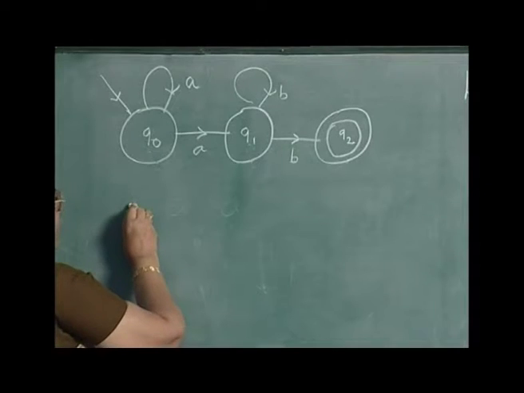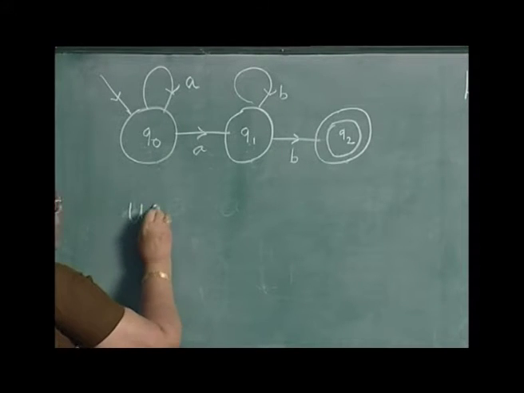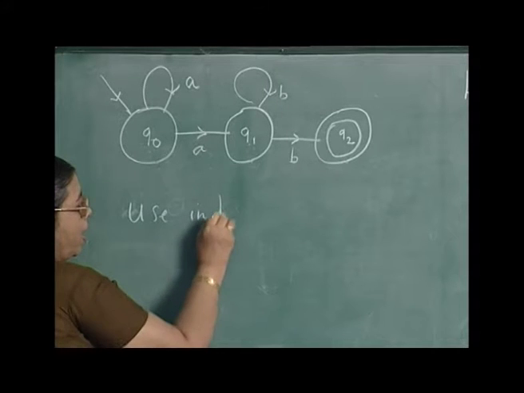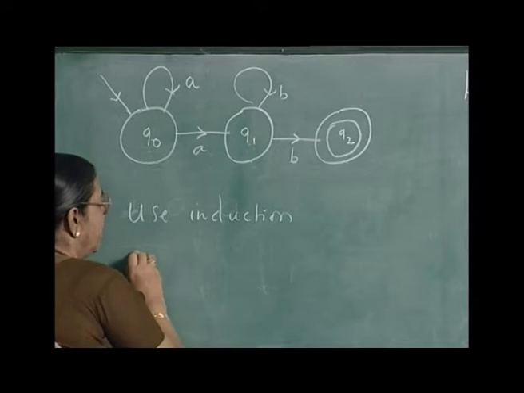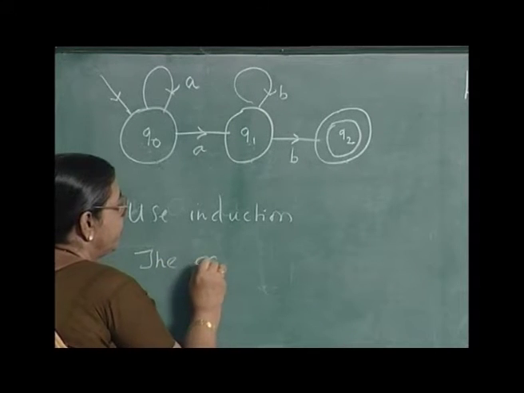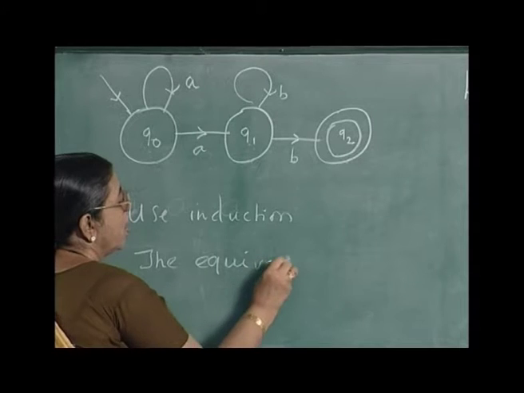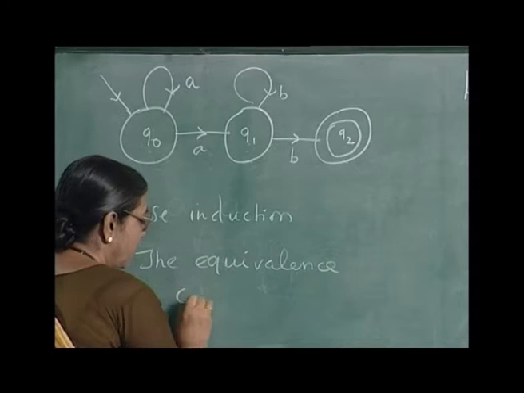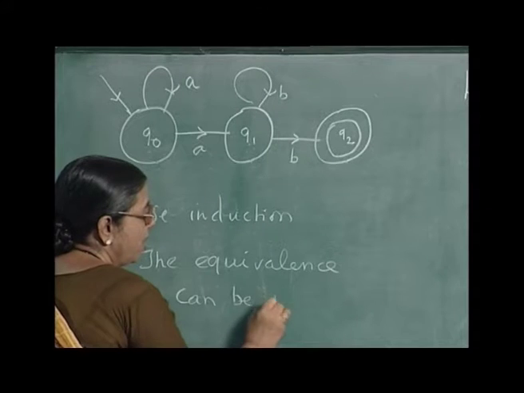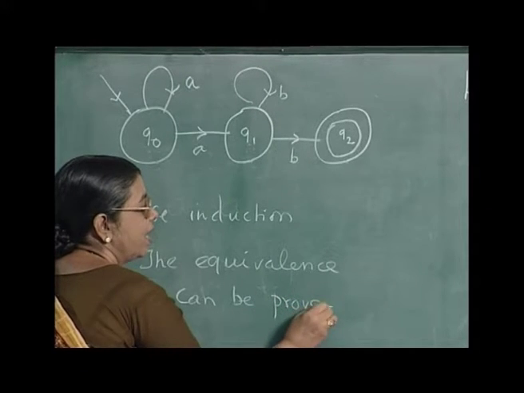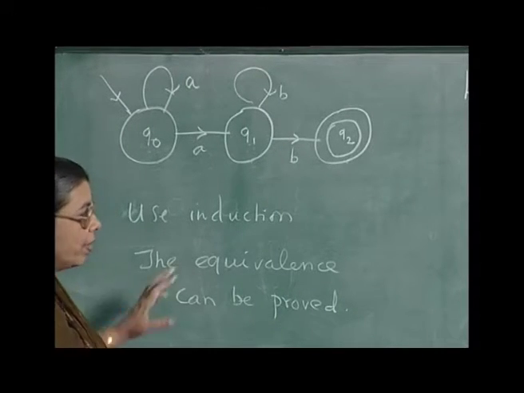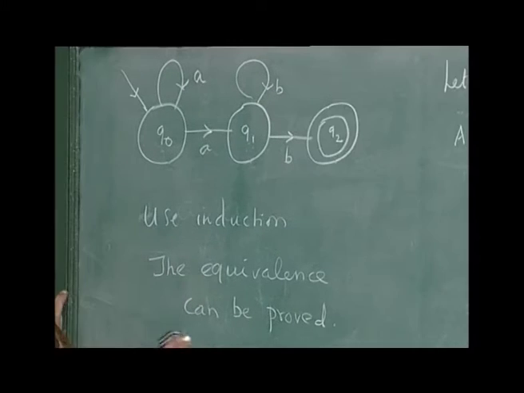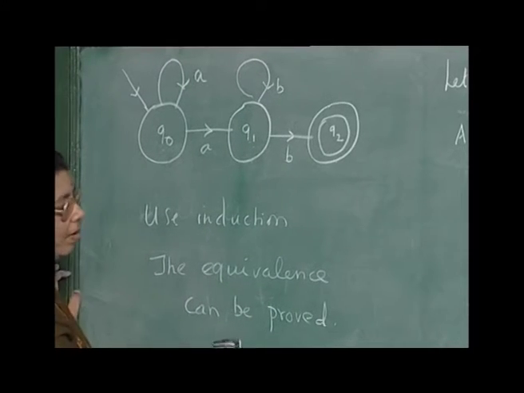So, you can see that you use induction, and the equivalence can be proved. Use induction on the length of the string. Instead of going to this induction portion of the proof formally, we shall consider one more example.